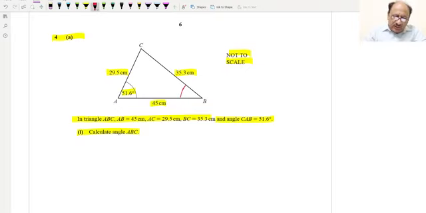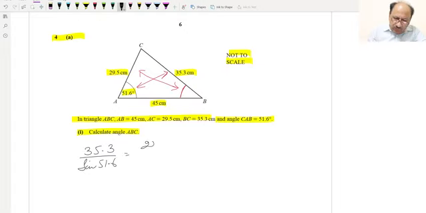So we have all three sides, and when all three sides are provided and one angle is also given, we can easily apply the sine rule. Opposite side and angle, we will be using this one, and this opposite side. So by the sine rule, 35.3 over sine of 51.6 will be equal to 29.5 over the opposite angle, which is ABC.